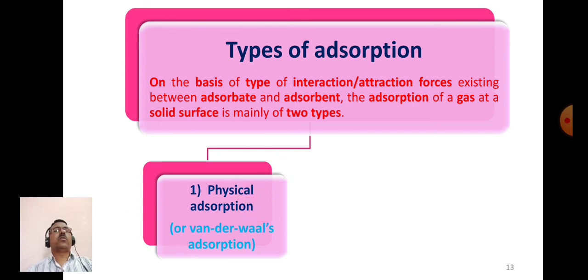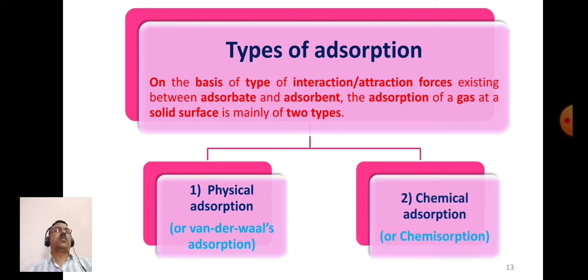It is due to weak van der Waals forces, so it is also known as van der Waals adsorption, or physisorption. The second type is chemical adsorption, also known as chemisorption. It is due to chemical bonds that may be covalent or ionic in nature.